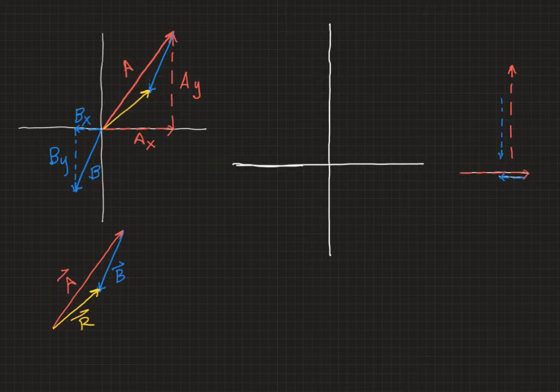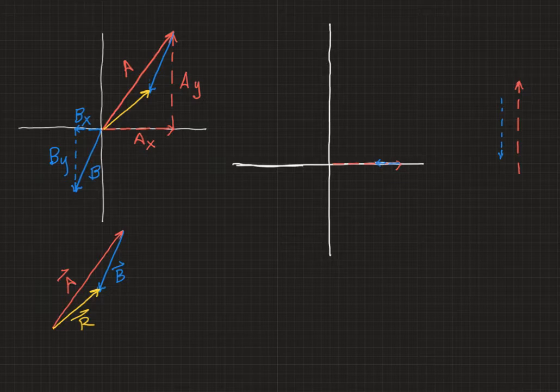Okay, let's take a look at something else though, because this whiteboard can get a little finicky sometimes. I've moved these over here. So let's take a look at what would happen if we took the x component of A. Let's move it over here so it's a little bit easier to see. Let's take the x component of B, B sub x, and place it, once again, tail to tip.